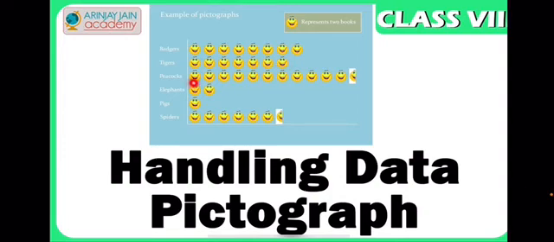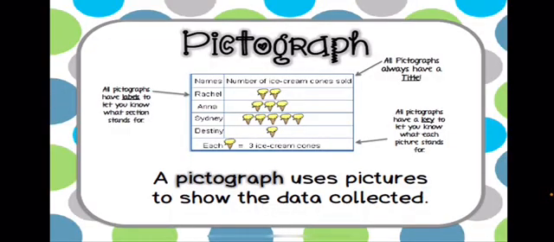Now for peacocks, 2, 4, 6, 8, 10, 12, 14, 16, 18, 20, 22, and you can see this half over here, which means it's 23. So elephants 2 and 4, pigs only 2, spiders 2, 4, 6, 8, 10, 12, and this is half, so we'll make it 1, so it becomes 13.